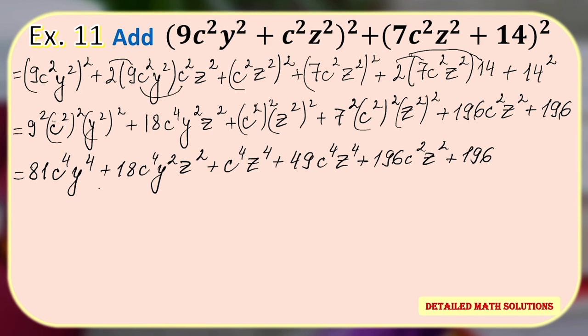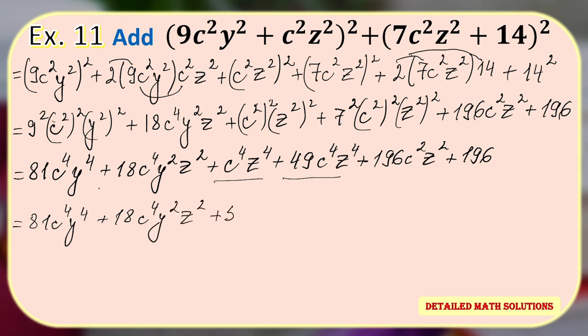Like or similar terms are the terms that have the same literal parts. In this expression, the middle two terms are the only ones that are like terms. Therefore, I need to rewrite the rest of the terms and just add the middle two.